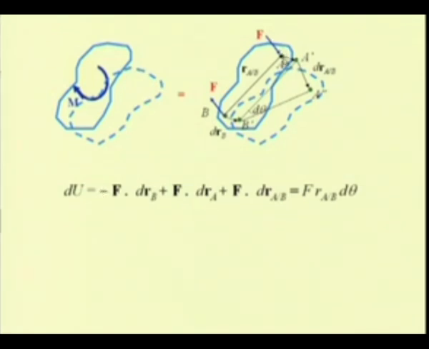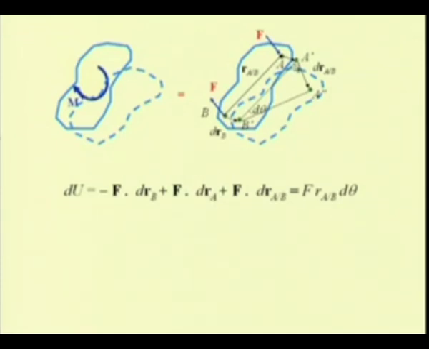Let us see the work done by this force F on particle A in moving it from A to A prime. It is equal to F dot drA, since the direction cosine of this vector along A prime is in the positive sense, so we have this work done as a positive quantity.